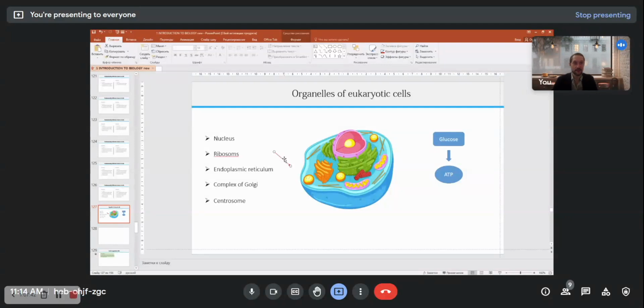For example, immune cells of the body, macrophages, are able to eat pathogenic bacteria, and then when a pathogenic bacterium appears inside of this macrophage, vesicles containing digestive enzymes will come in contact with this pathogenic bacterium and destroy it.